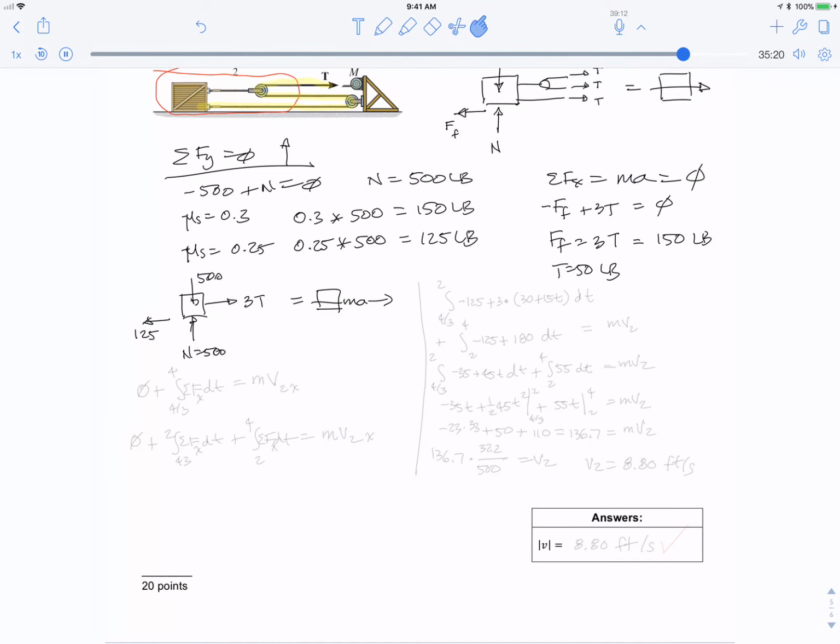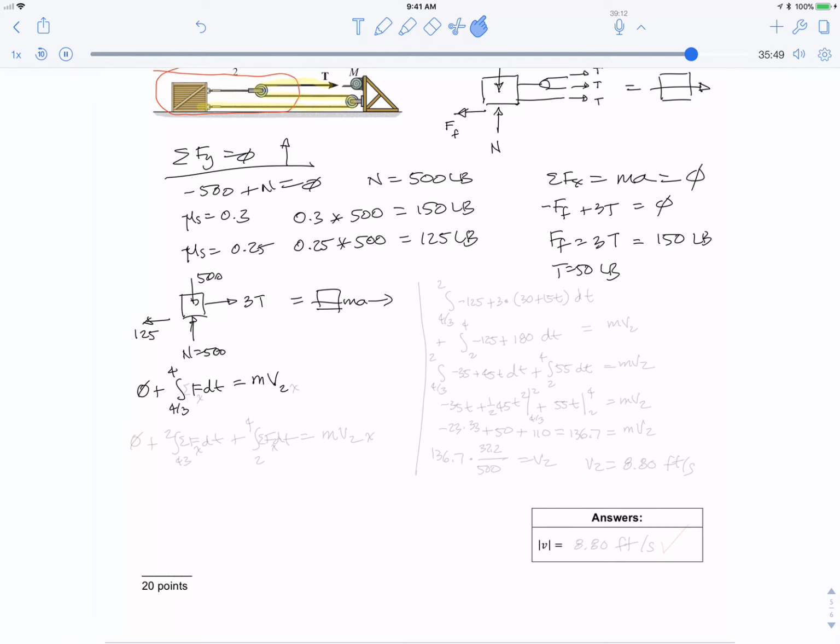So now we're prepared to use our impulse momentum equation. We know the original momentum was 0, plus the impulse, which is the integral of force dt, starting at 4/3 seconds when it begins to slide, up until 4 seconds where we want to know the velocity, will equal the mass times the velocity in question, velocity 2.